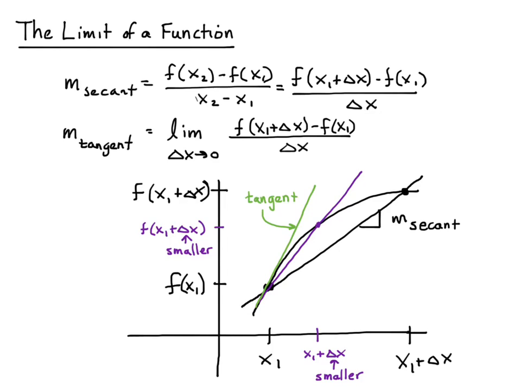Okay, so this is a very important notion: we define what our secant is, reduce delta x down to the point where the limit of the secant is the tangent, and so we get that slope. Okay, everybody with me?